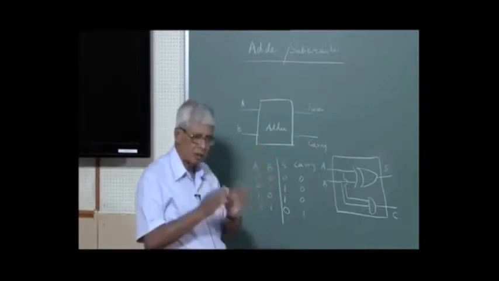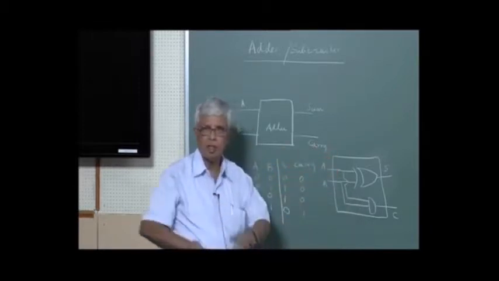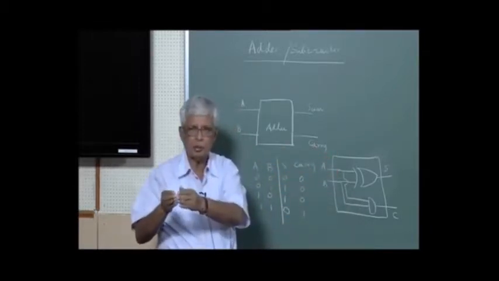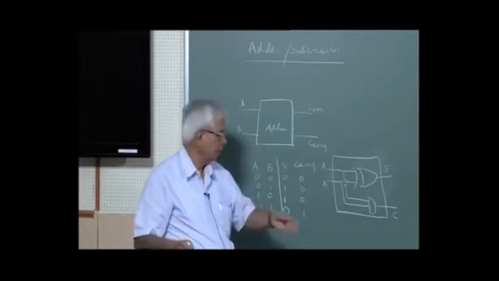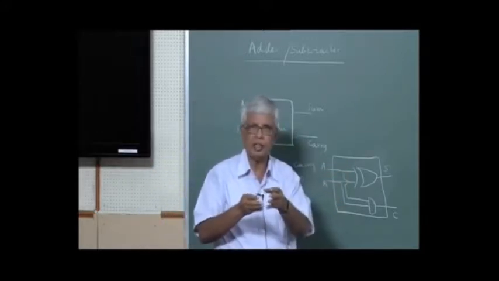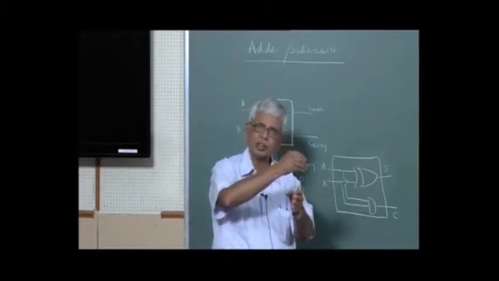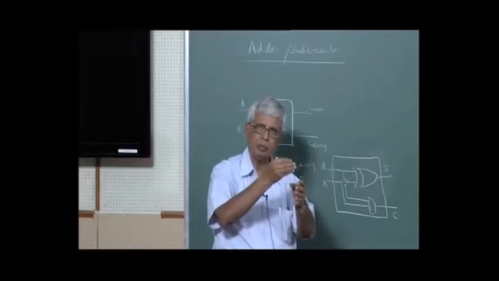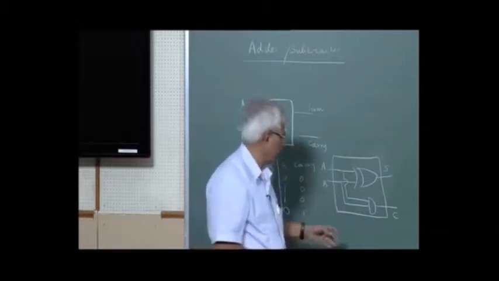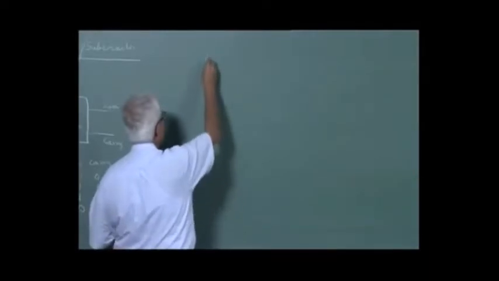If I am adding bit after bit after bit after bit, the carry from one position has to be fed into the second position. That is what happens in our decimal system also. You have a carry from one position, goes to the next position. Carry from that goes to the next position. So carry has to be propagated. So I need another input called carry in.